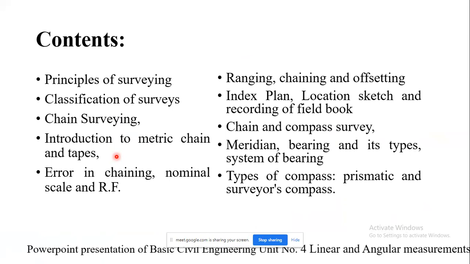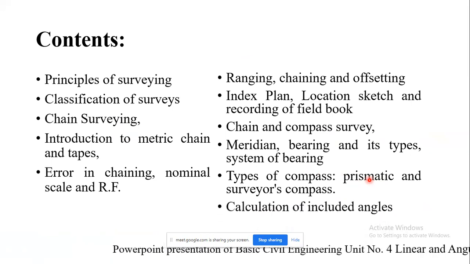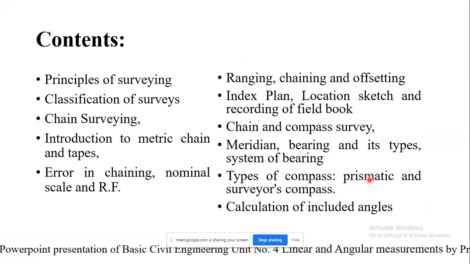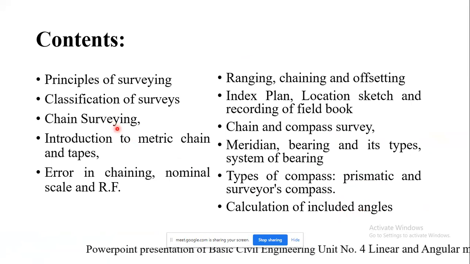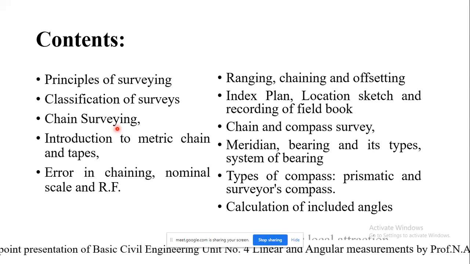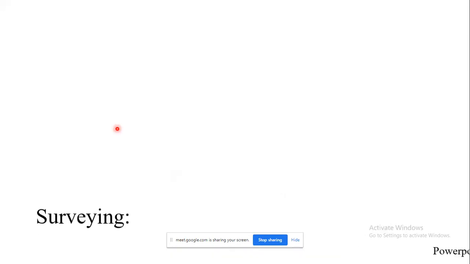Okay, so this we are going to see. Right now I told you the word prismatic compass. And last one, calculation of included angles. So how are we going to measure the included angles? Based upon that we are going to solve certain problems dealing with measurement of horizontal distances. Okay, so we'll see one by one. And correction for local attraction, the last point we are going to see here.